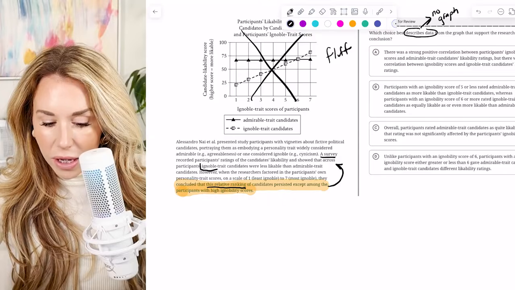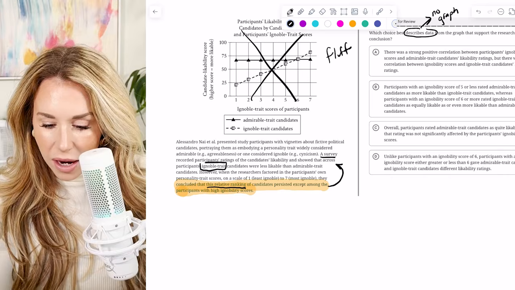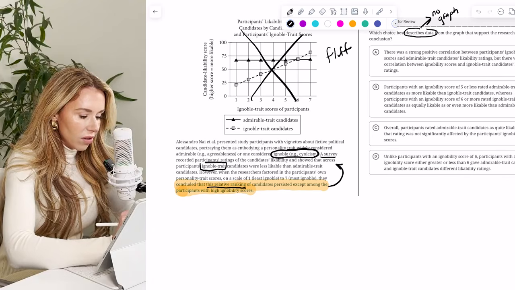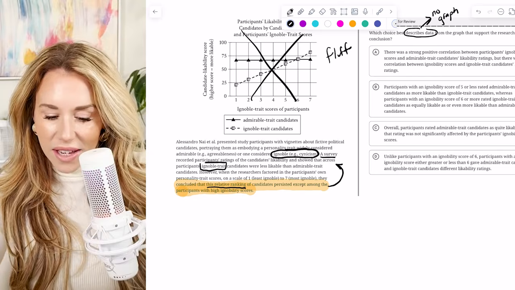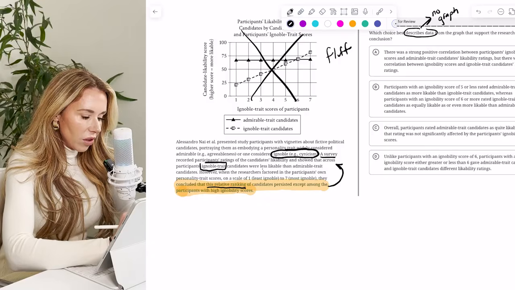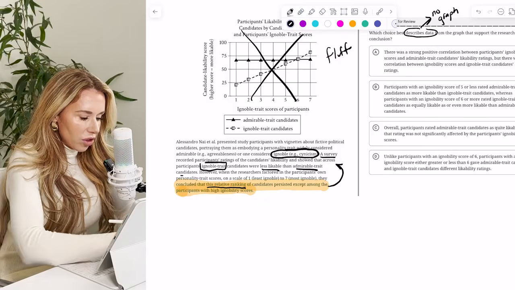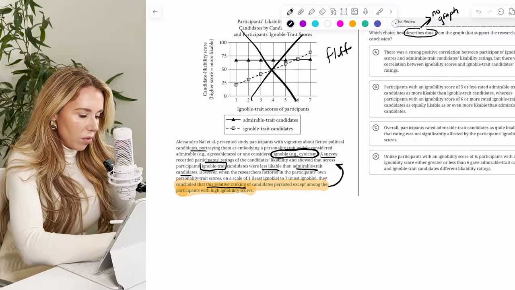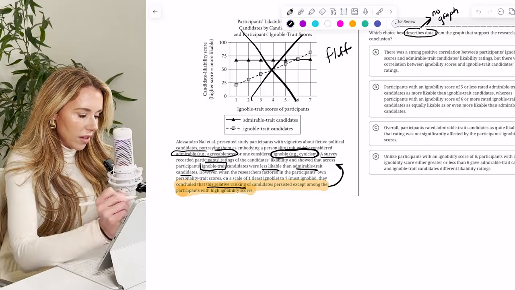Okay, I don't know what ignoble trait means, so I'm going to go back. Oh, they're people who are cynical, so it's cynicism. Well, that makes sense. They're going to like them less if they're more cynical. So they're less likable than the admirable trait candidates, which are people who are agreeable and have good qualities.